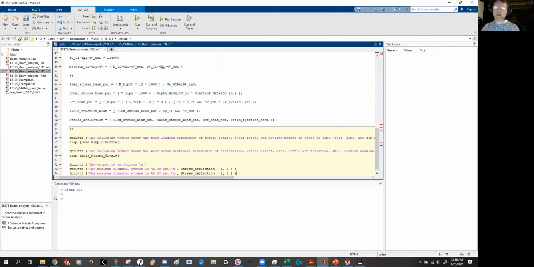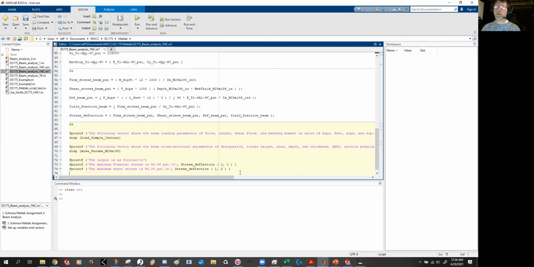So the maximum flexural stress, what we want to do is change this to shear stress and instead make this 1, 2. And then do the same thing. And instead of shear stress, deflection. And now we want to make sure that that's not in PSI. That deflection should be in inches.